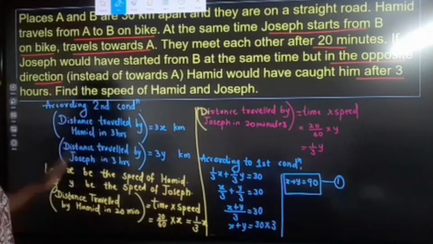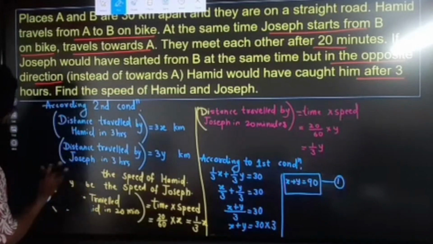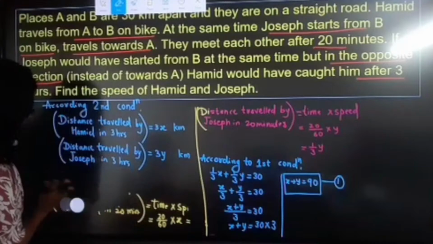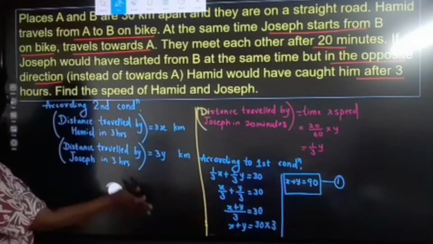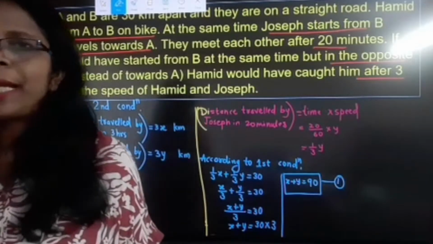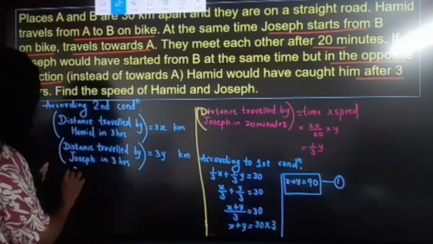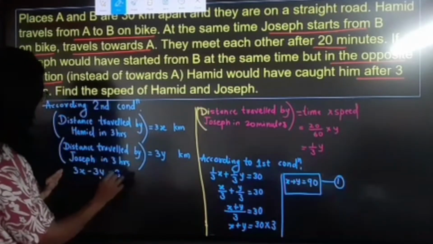Then the condition will be, according to the second condition, 3x minus 3y is equal to 30.